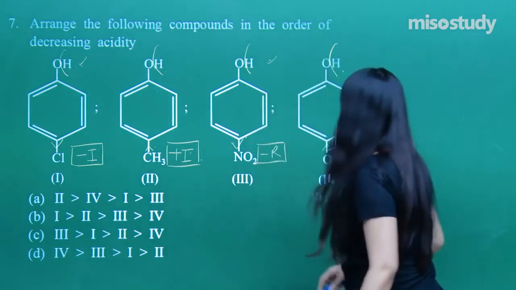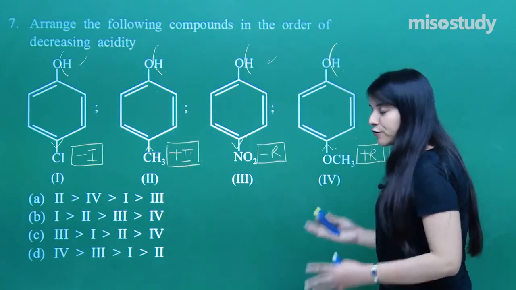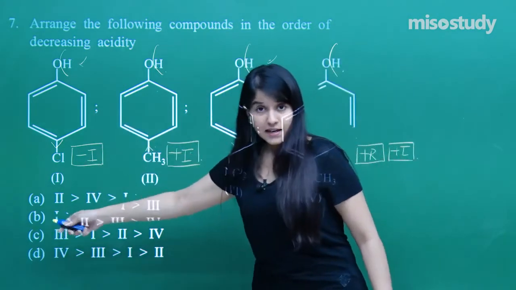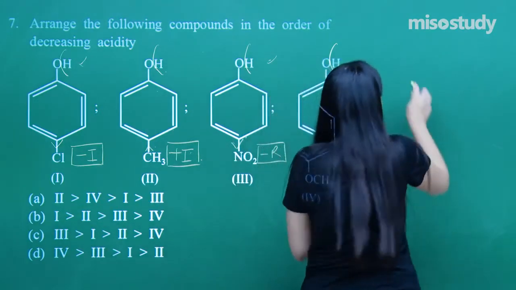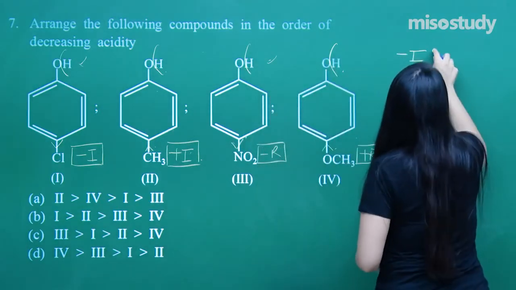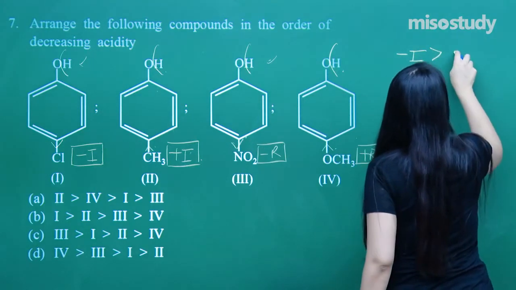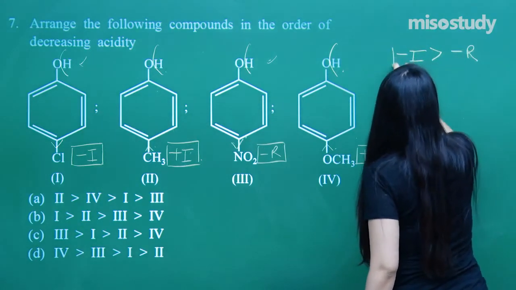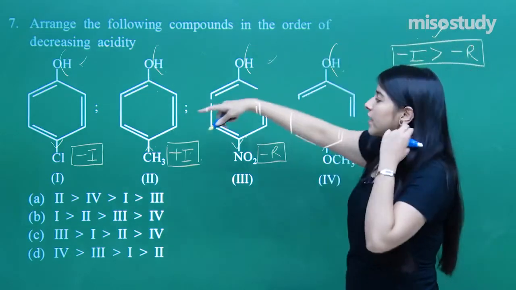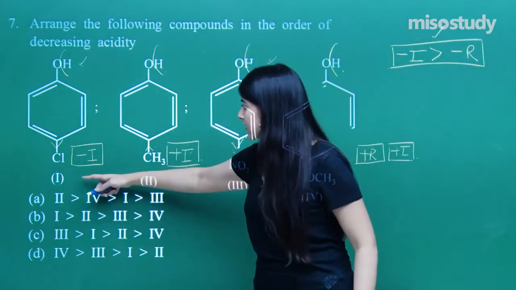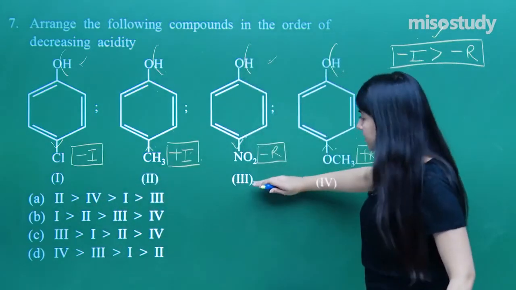So if you compare the two, NO2 and Cl, always remember this very thing, that minus I effect is always greater than the minus R effect. And it needs to be applied over here. I have got the answer: the most acidic is the first one, followed by the third one.